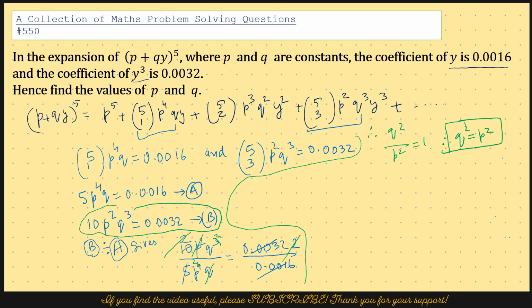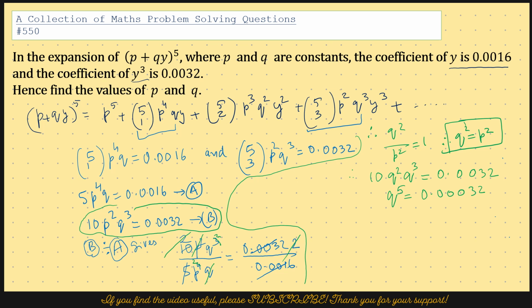Once we know that, we can write 10 times p squared equals q squared, so we can write q squared times q cubed equals 0.0032, or q to the power 5 equals 0.00032.